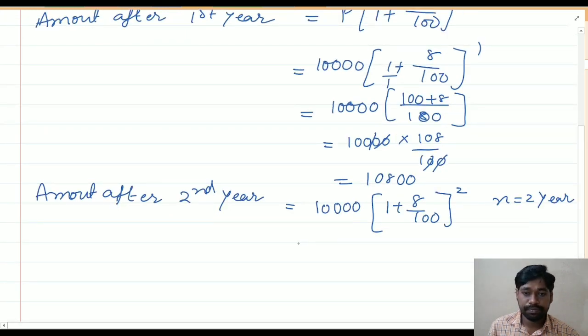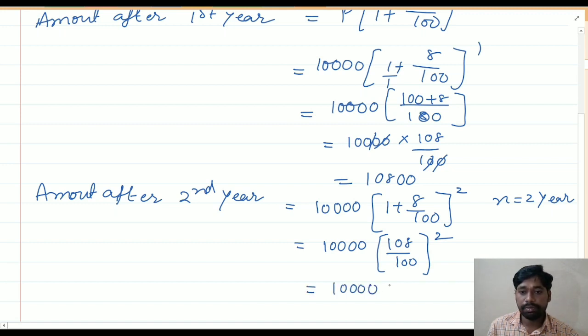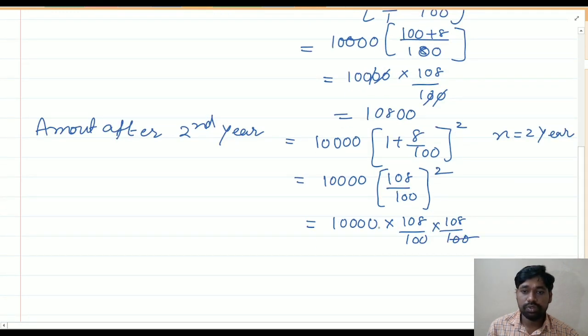So it means 10,000 into 108 by 100 whole square. So 10,000 can be written as 108 by 100 into 108 by 100. So these two zeros cancel with these two zeros, again cancel with these two zeros. So what we will get? 11,664 we will get.